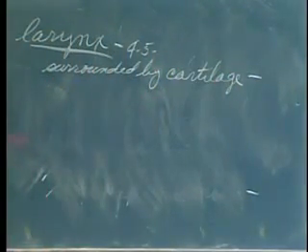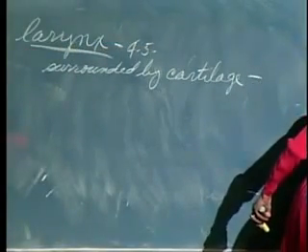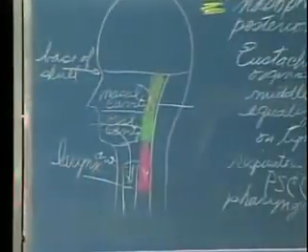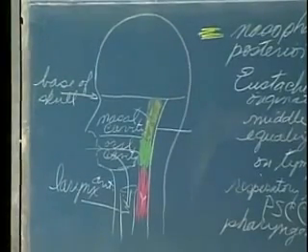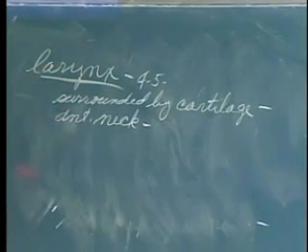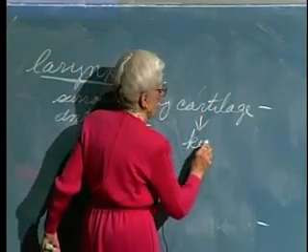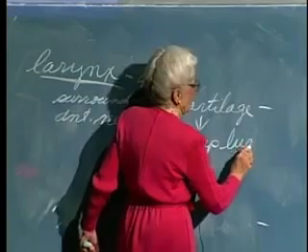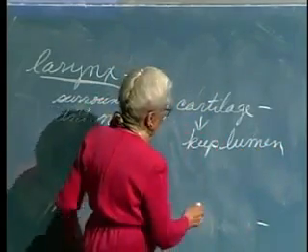It will be in the anterior neck. The cartilages are obviously there to keep the lumen open. We don't ever want the air passages to close.